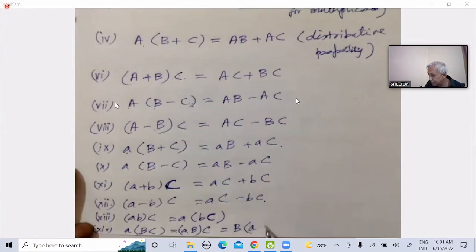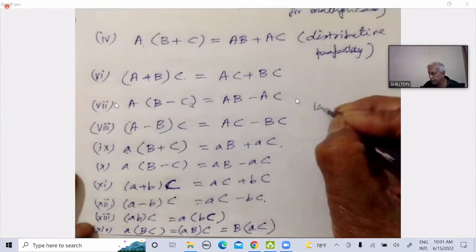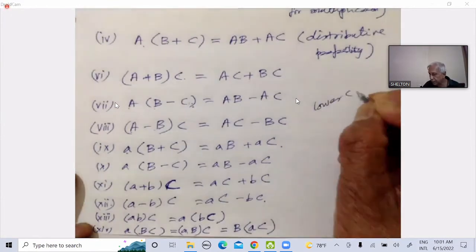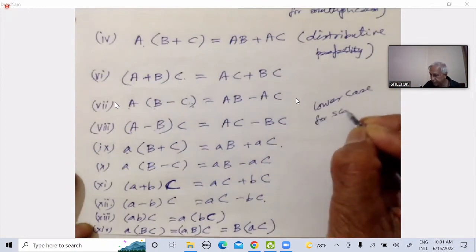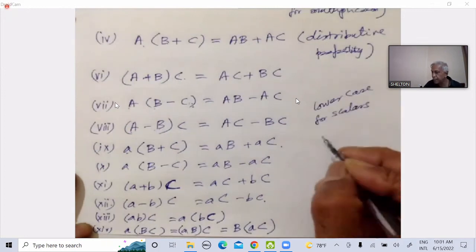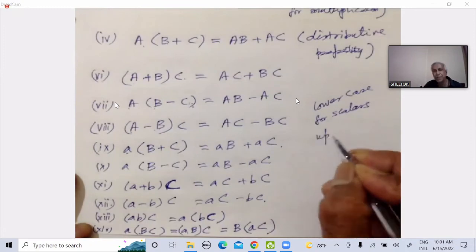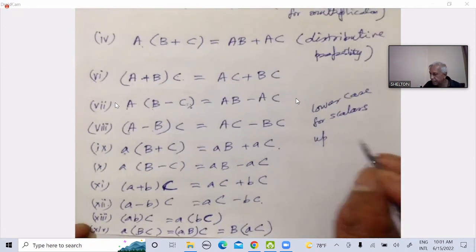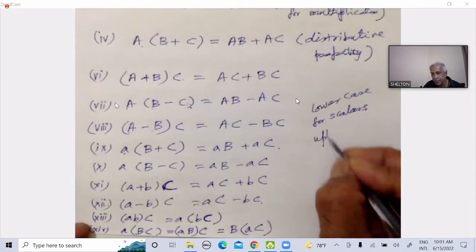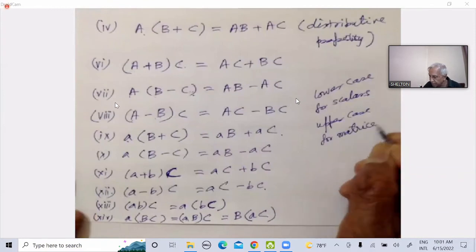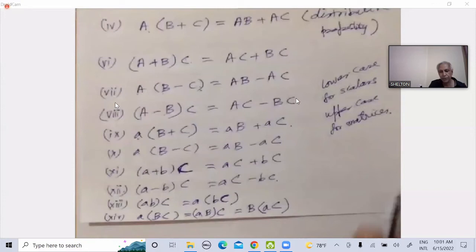Scalars are simple lowercase letters. Uppercase letters are for matrices in this list. Okay, so we shall stop there.